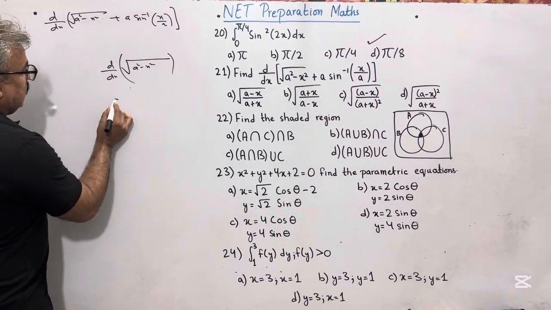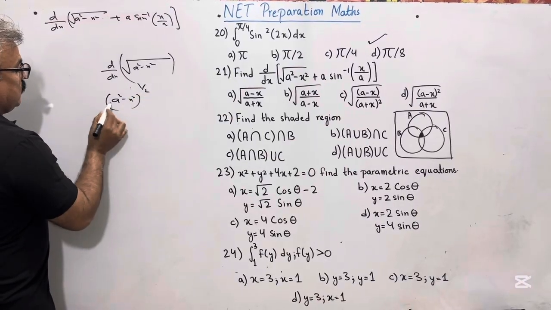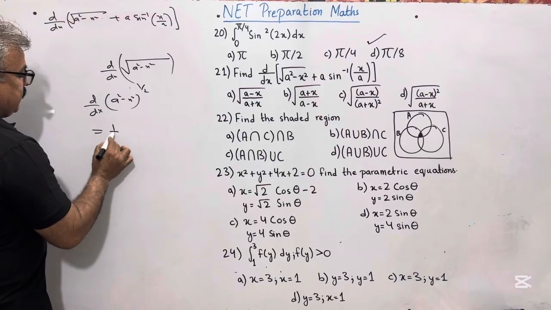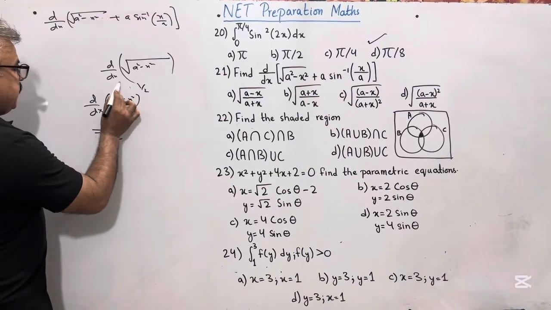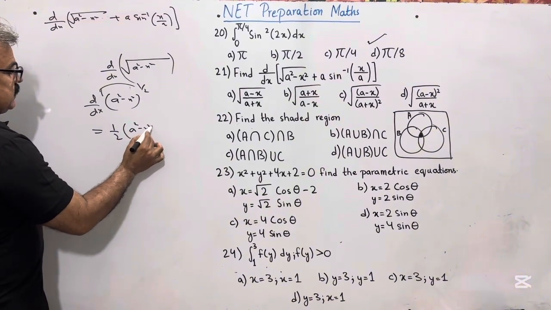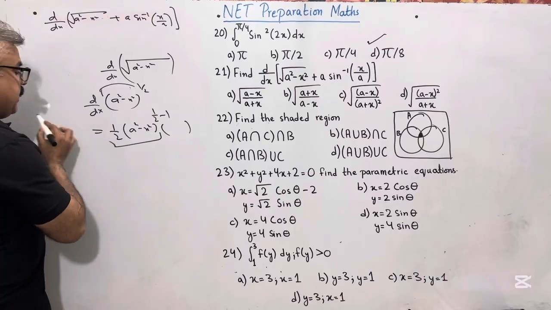Like this: a square minus x square under the square root means power 1 over 2. Its differentiation is given by: make the power the coefficient, subtract 1 from the power.